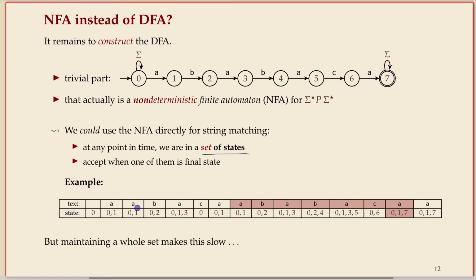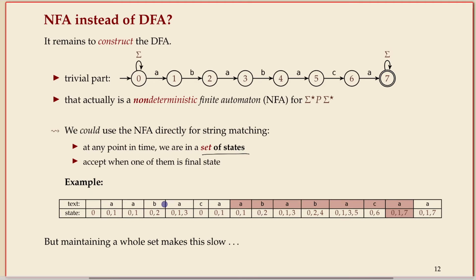If I do another step A, it doesn't really bring me further from 1, so this branch that was in state 1 goes into the garbage state and dies out. But I've also been in state 0 at this point, so taking another step A brings me again to state 1 and back to state 0 at the same time. So after reading another A, I'm still in this state set 0, 1.